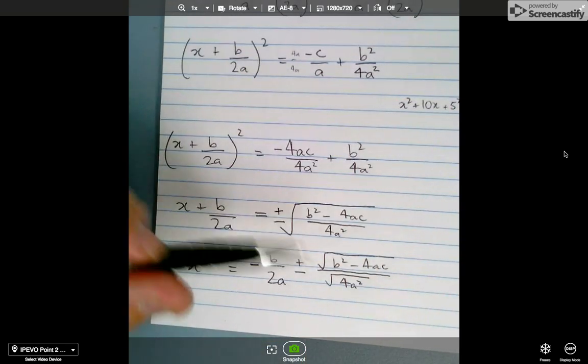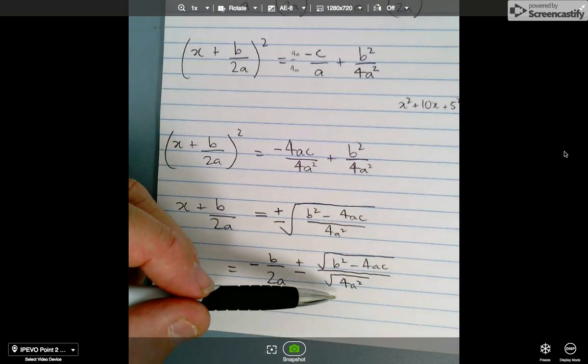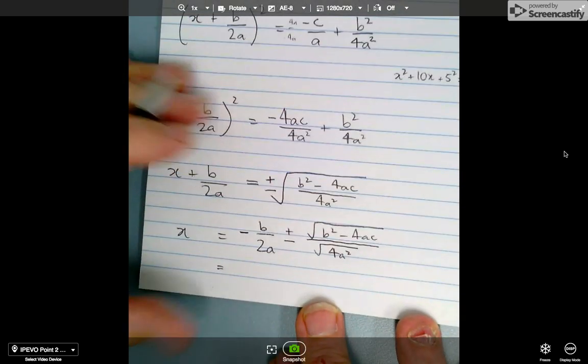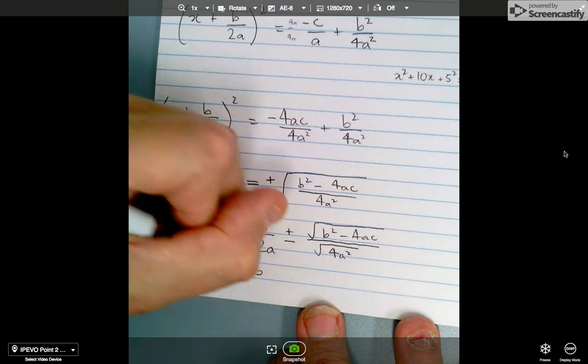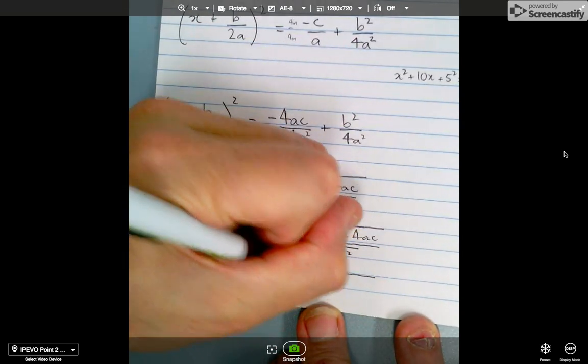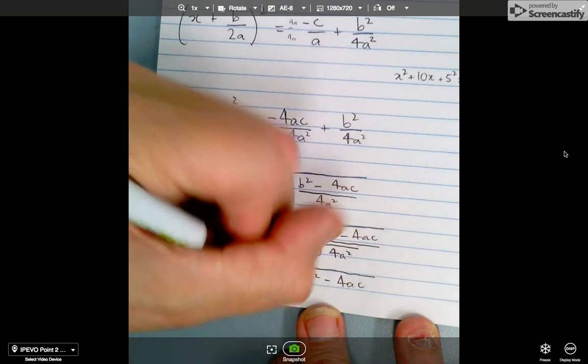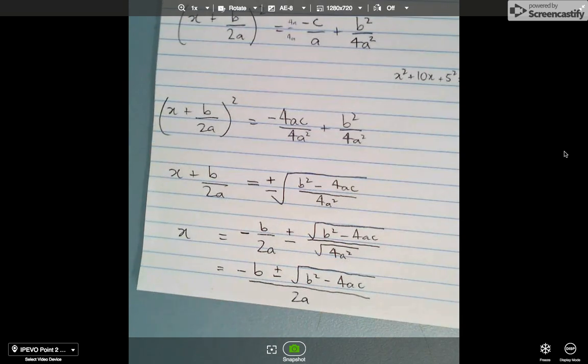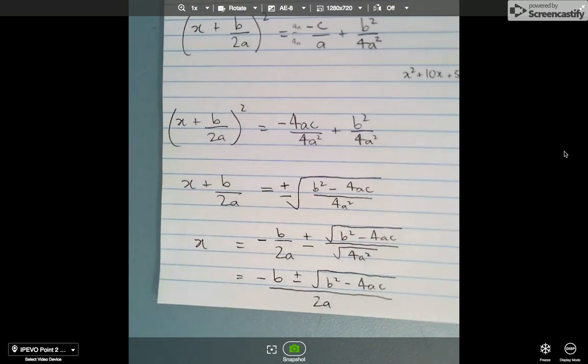The nice thing is, what's the square root of 4a squared but 2a? So what you end up with is x equals minus b plus or minus the square root of b squared minus 4ac, all over 2a. And that's how we get the formula for a quadratic equation.